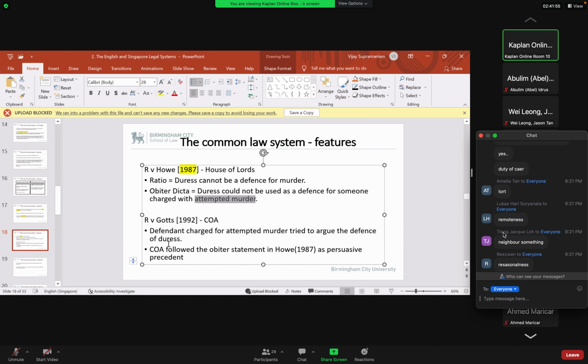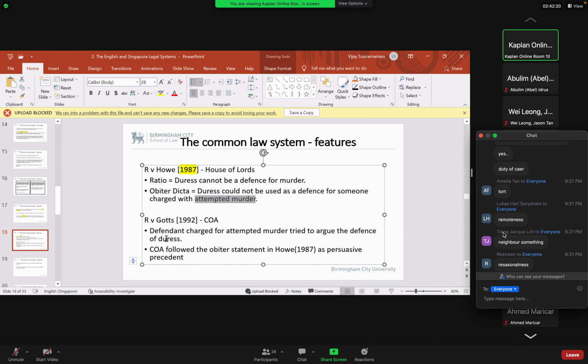So now, you must follow the precedent in the earlier case, correct? But the courts decided to apply the obiter dictum established in the earlier case.